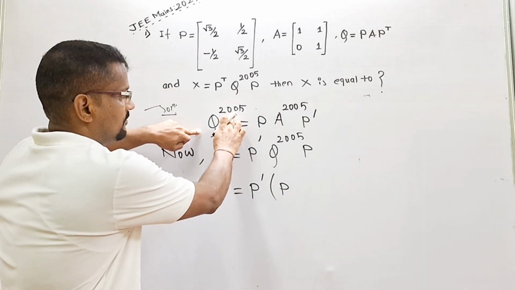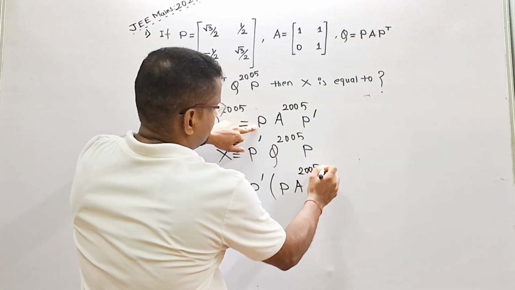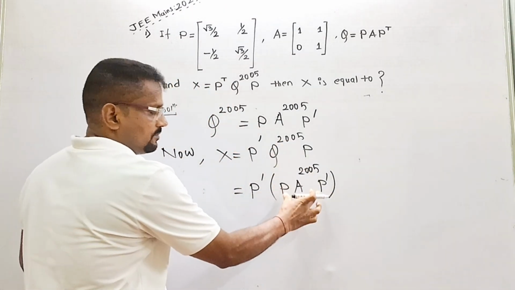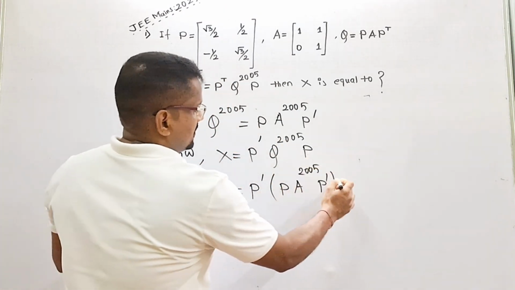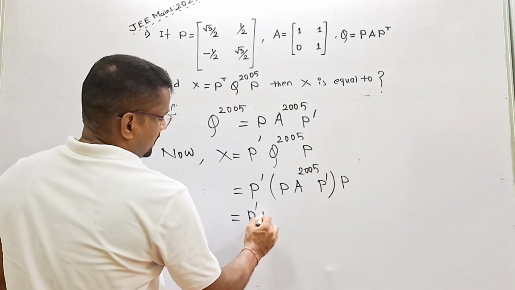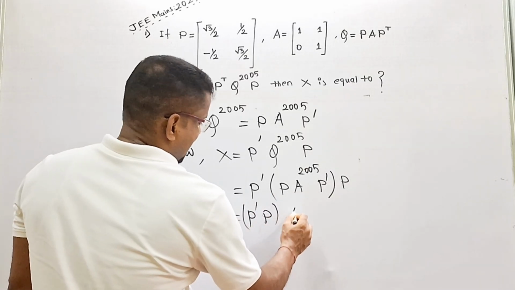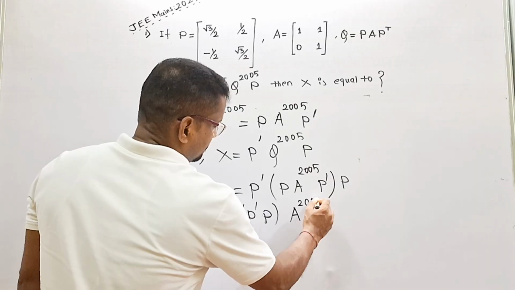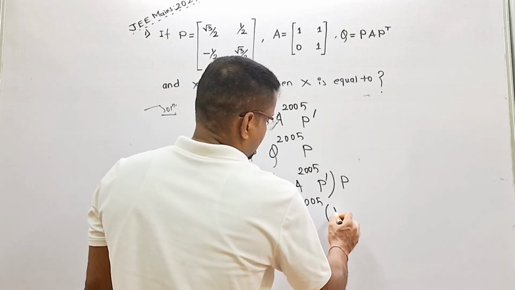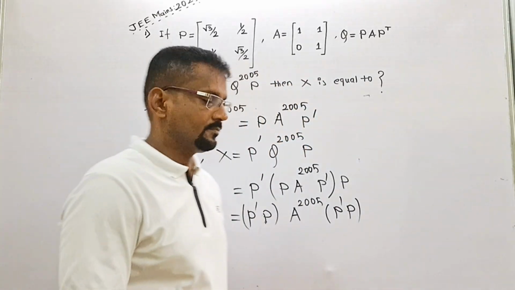In place of Q to the power 2005, we write P A to the power 2005 P dash, and P is here. Now you see P dash P: you just associate P dash with P, isolate A to the power 2005, keep it isolated, into P dash times P.